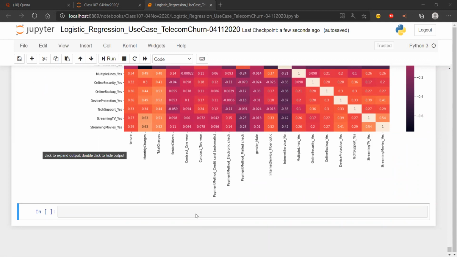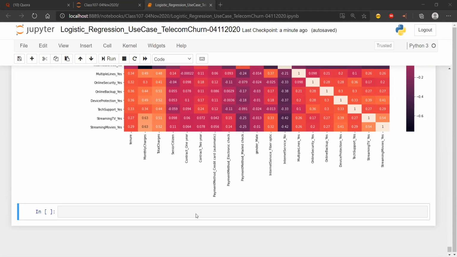Bhamik, I think even if it is impacting something with the value towards one, then we should keep it because there is some impact, right? It is influencing some decision. Yeah, that's what I assume also, Sarang, because we are talking about telecom churn. Whether I'm using an internet service or not might be a good factor to determine if I'm going to churn or not.